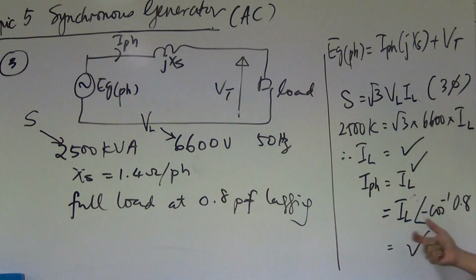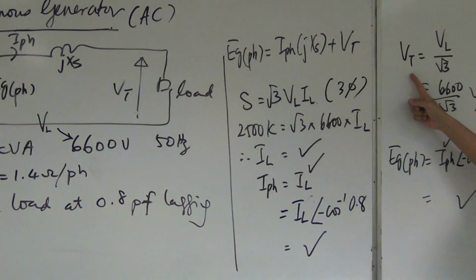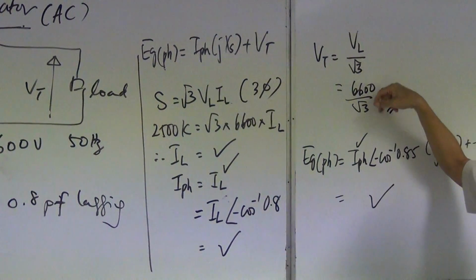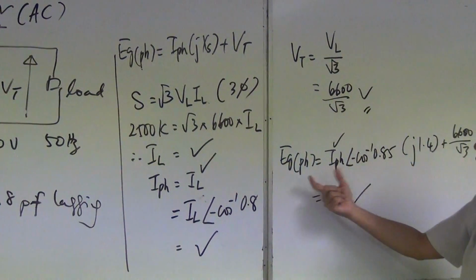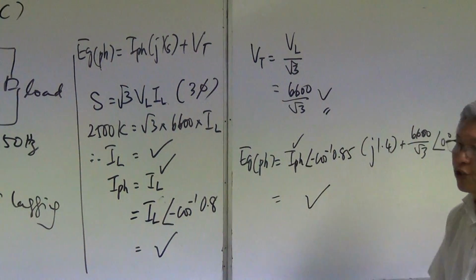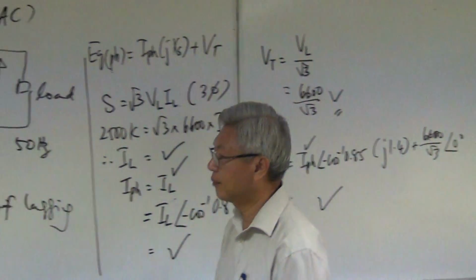And I find the angle using the power factor. Then plug in to find my terminal voltage per phase. So I divide by square root 3 because it's a star connected circuit. Then I plug the value into Kirchhoff's voltage law to find the voltage generated per phase. Got it? Okay.